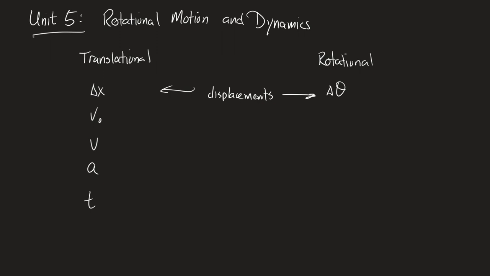So you can imagine I'm going to have something for each one of these. For example, we've already talked about this. The Greek letter omega, lowercase omega, is used for angular velocity. So we'll say angular or rotational velocity.